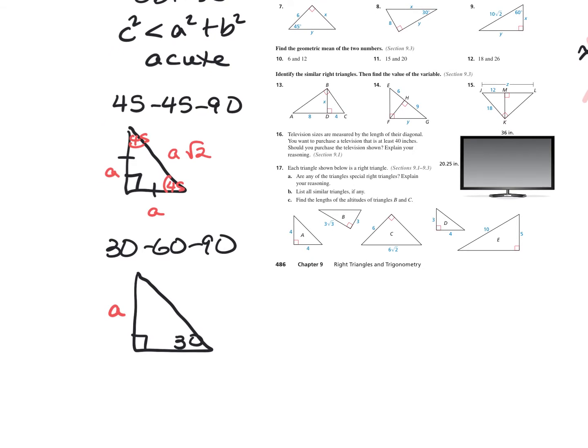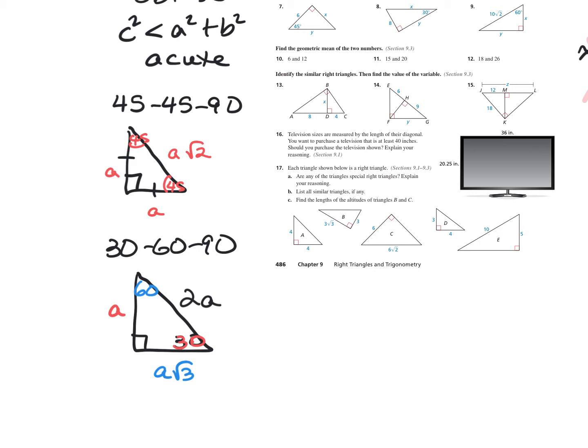The side across from the 60-degree angle is a square root 3. And then the side across from the 90 degrees, which is the hypotenuse, would be 2 times a. So you need to memorize the rules here. And again, on the questions where I'm going to give you one of the sides, you're going to have to come up with the other sides and leave it in simplest radical form.